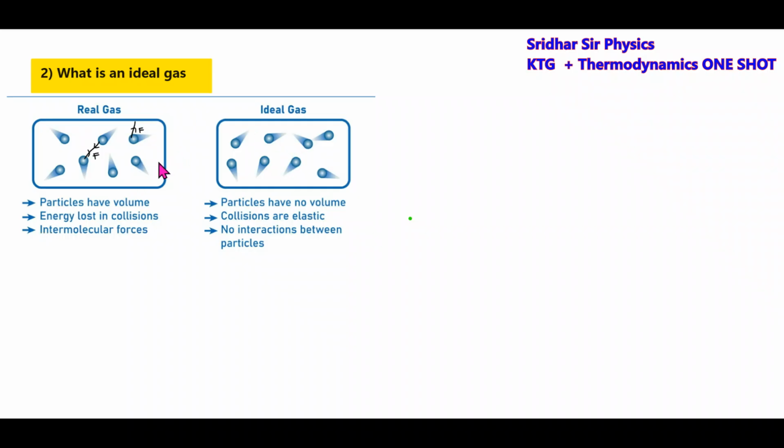But sir, where is an ideal gas? We have to make the real gas behave like an ideal gas. For that, at normal temperature and low pressure, the real gas will behave like an ideal gas. This is a basic condition.